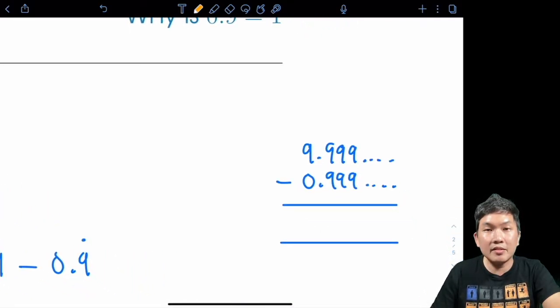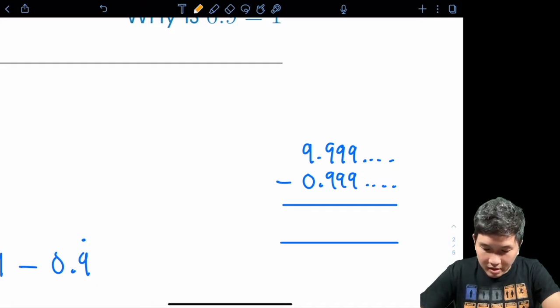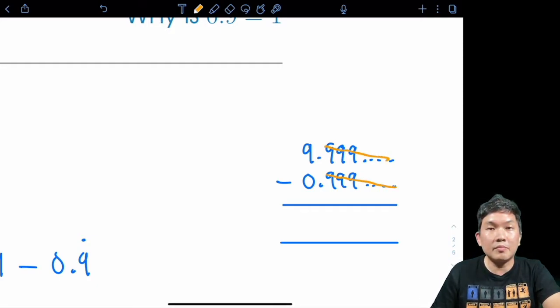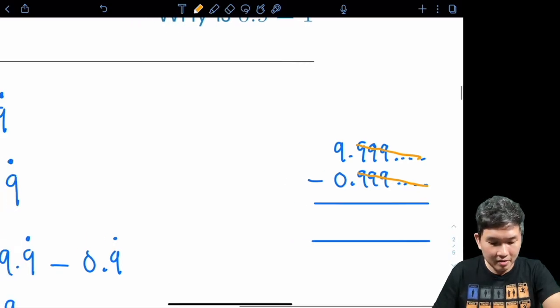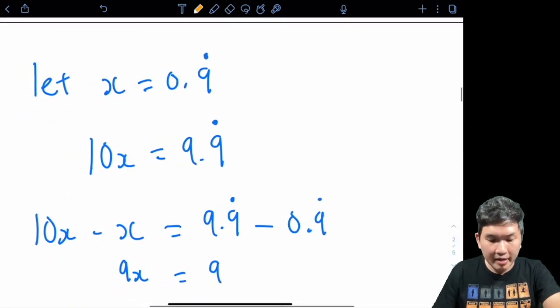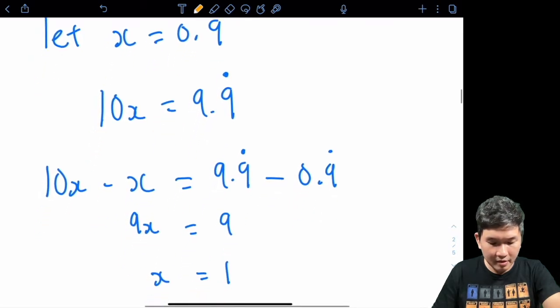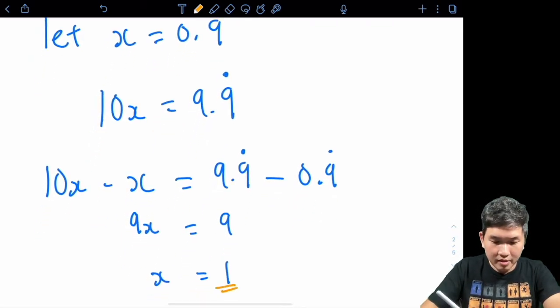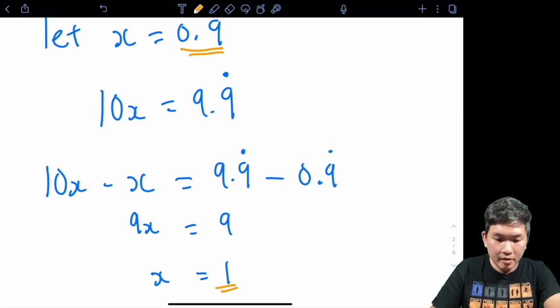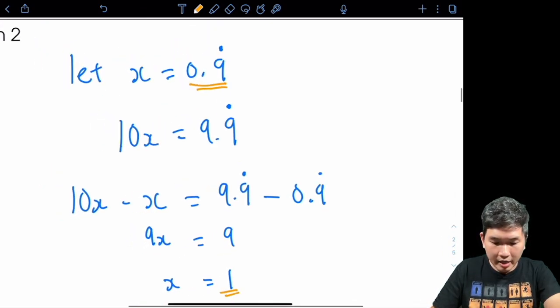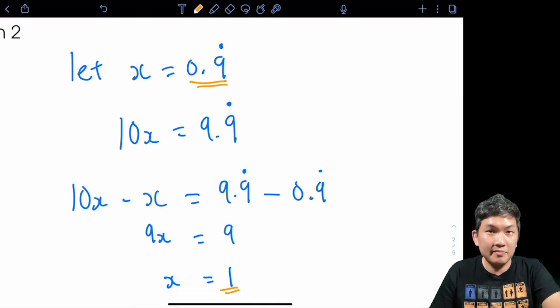The decimal places cancel themselves out, and what you get is a very simple 9. So that means 9x is equal to 9, and x is equal to 1. So you can see that x equal to 1 is also equal to 0.9 repeating. They are actually the same number.